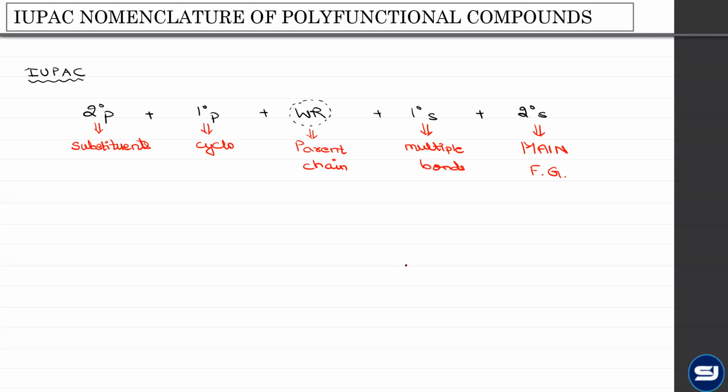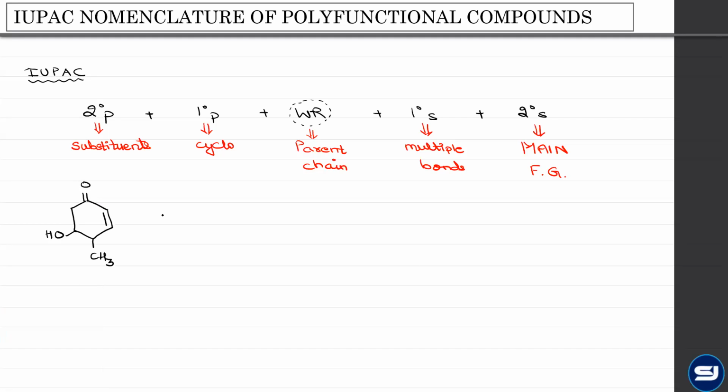That's it. If you merge these five in order, you will get the IUPAC name. One example I normally give: let's say I have a cyclo compound with a double bond to O here, OH here, and CH3 here.